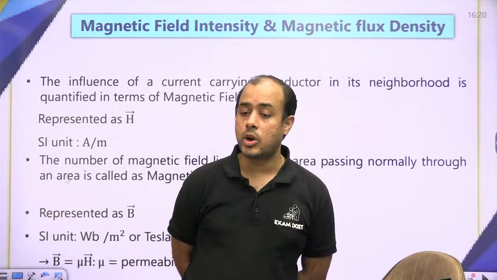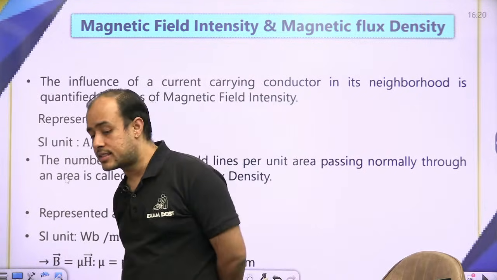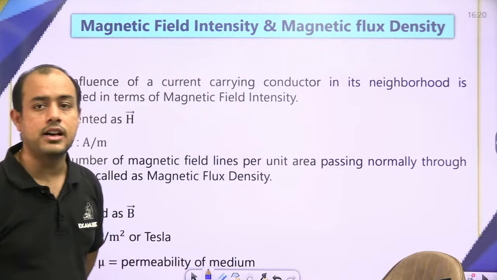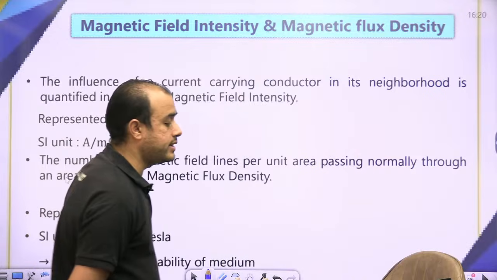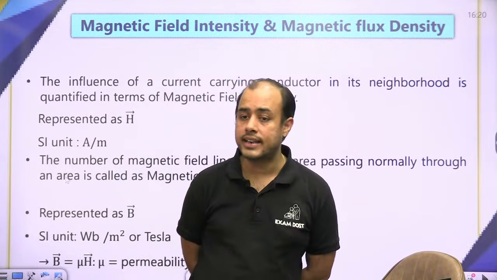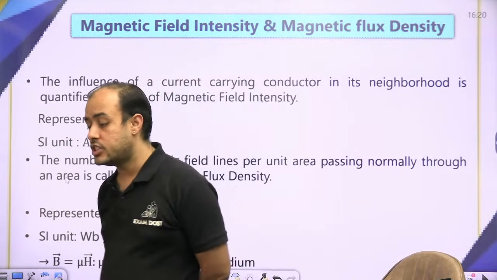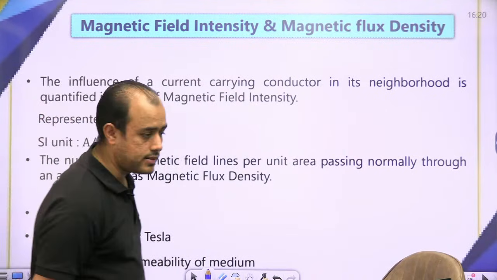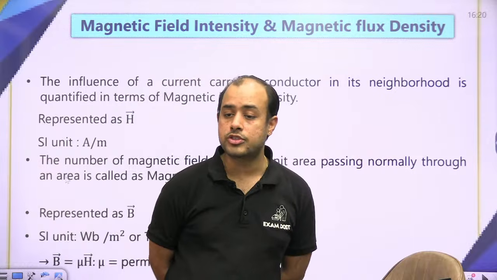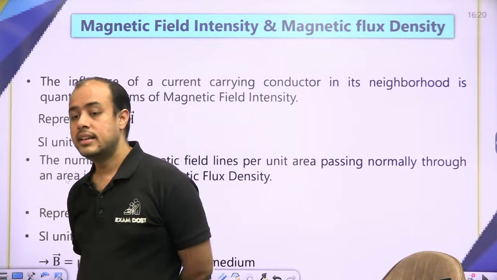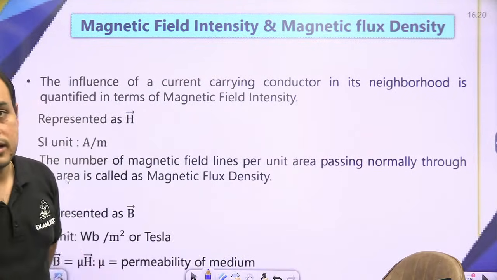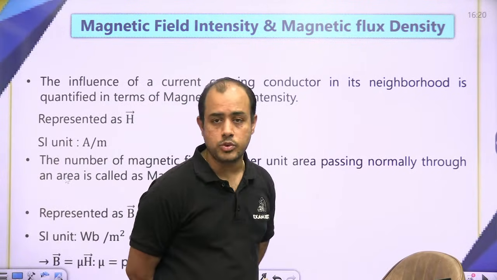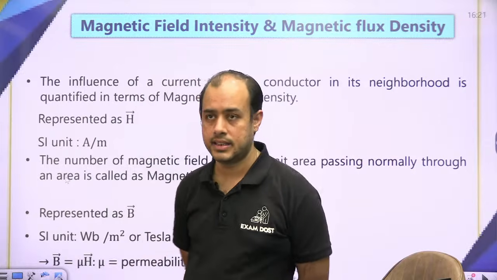So whenever there is another charge nearby the original charge, it experiences a force. Similarly, there is a region around a current carrying conductor in which you can experience the influence of the conductor, that is magnetic field. And how strong the influence is, that is the magnetic field intensity. It is written as H vector. The SI unit is ampere per meter.